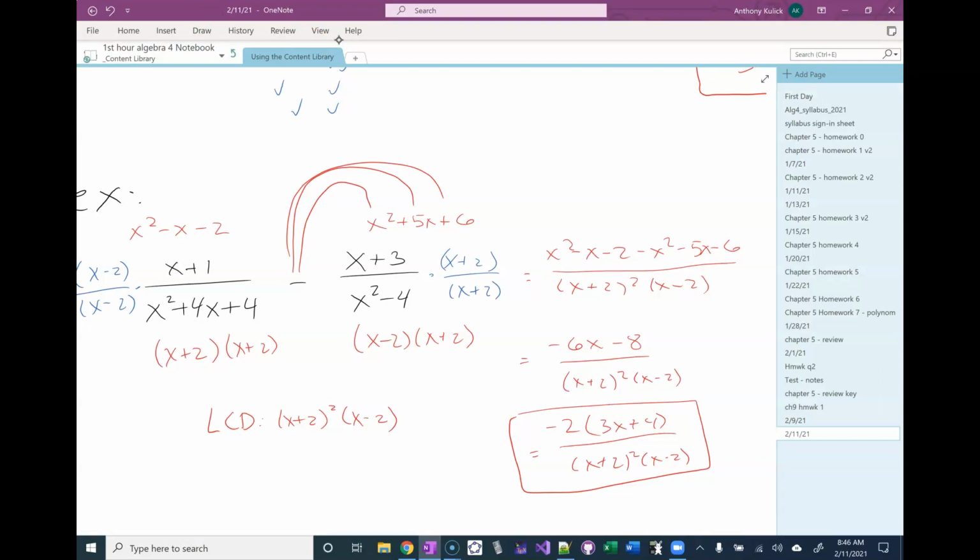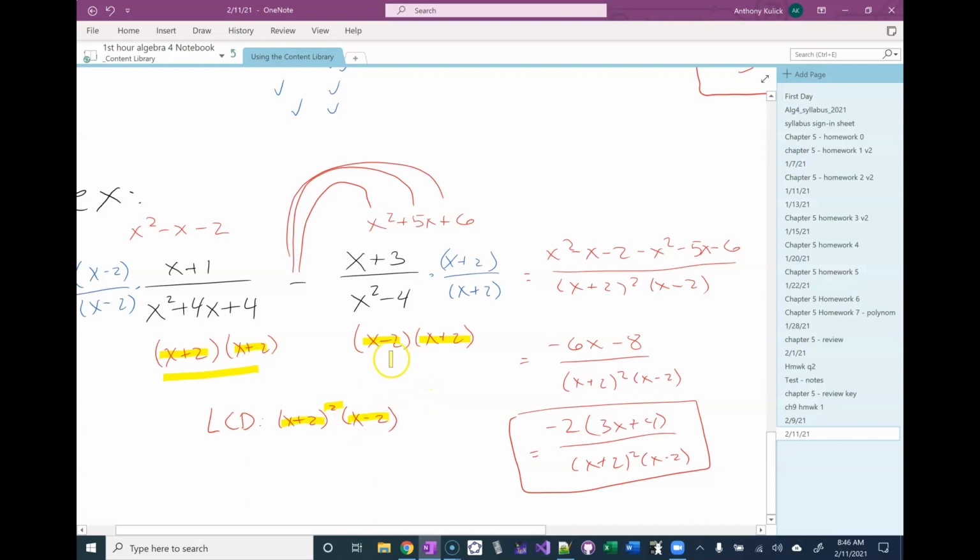Okay. So we started by factoring. The first denominator factors as x plus 2, x plus 2. The second denominator is x minus 2, x plus 2. So my least common multiple is x plus 2 to the second, because I have one denominator where that occurs twice.